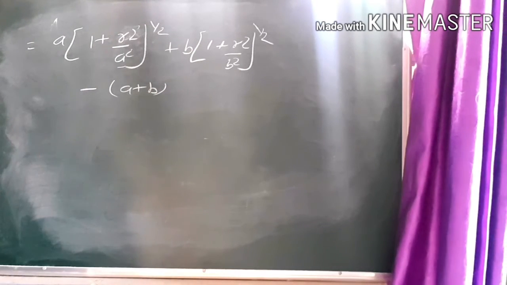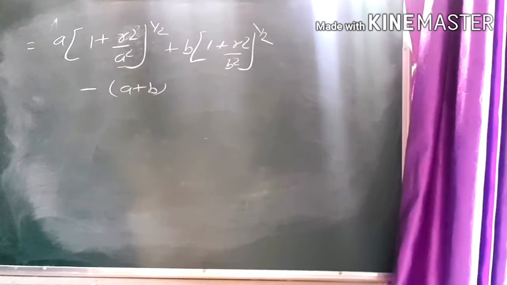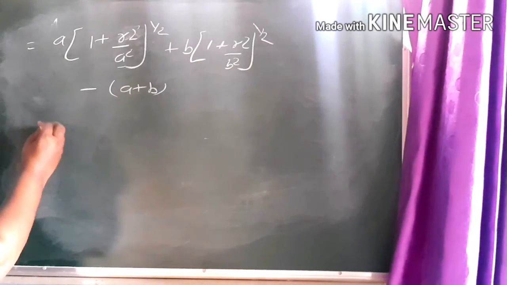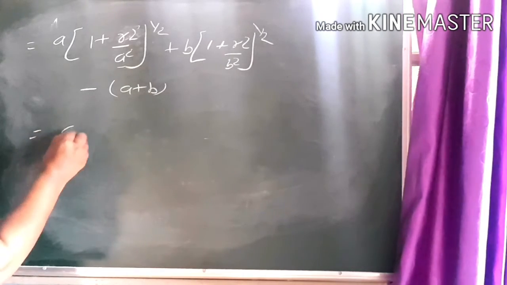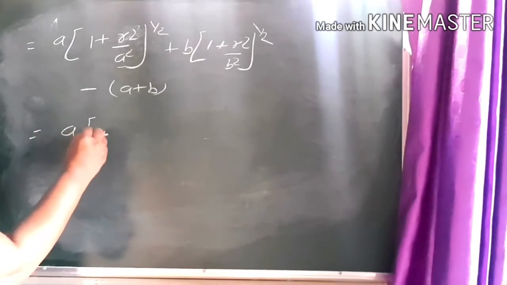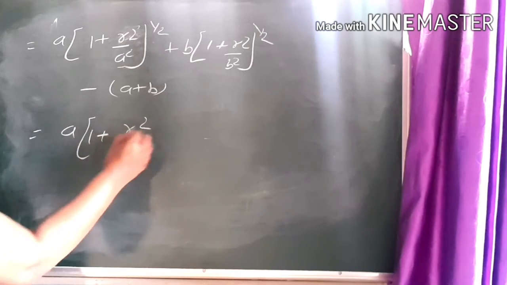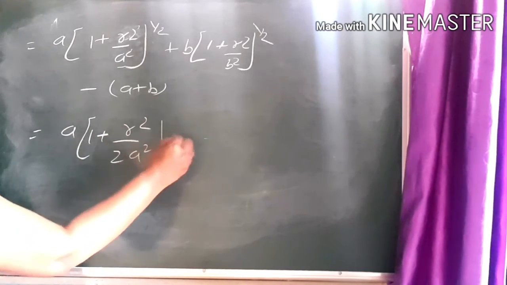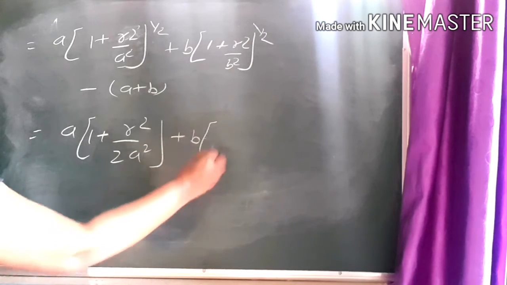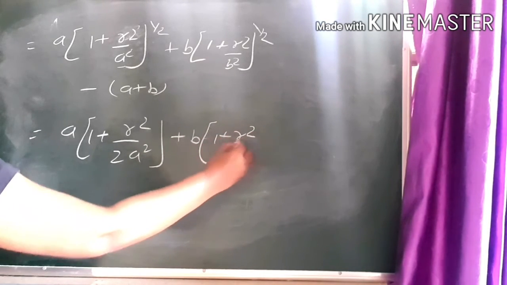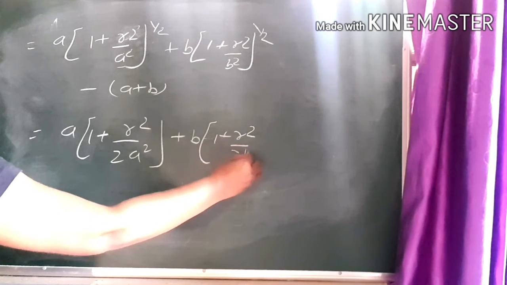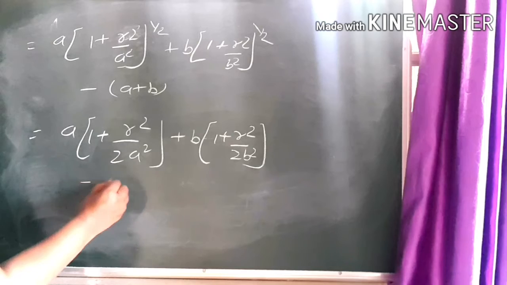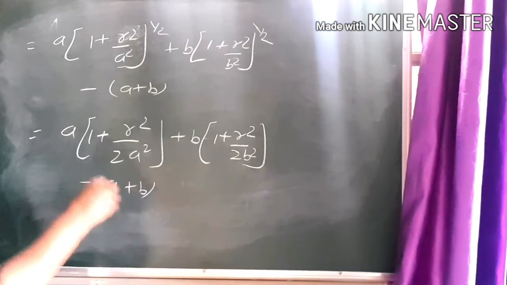By expanding binomially and ignoring the higher order terms, we have a into (1 plus r square by 2a square), similarly b into (1 plus r square by 2b square), minus (a plus b).